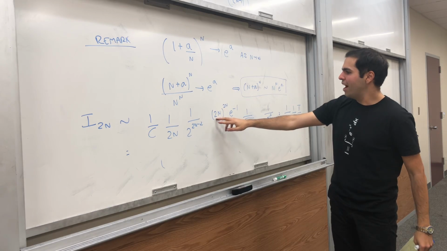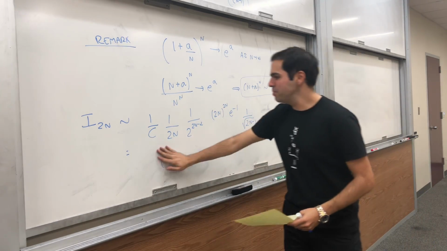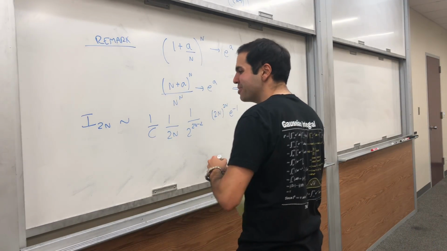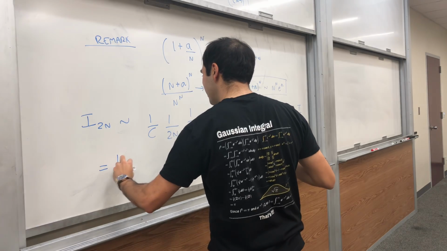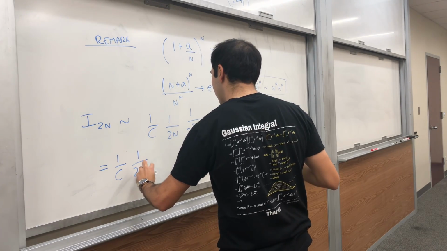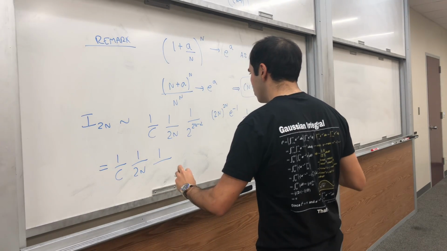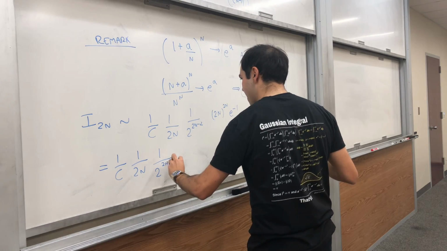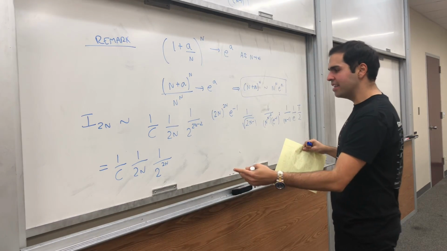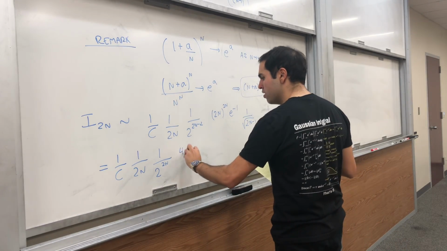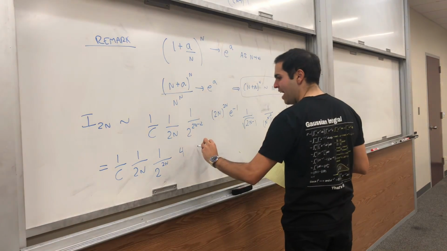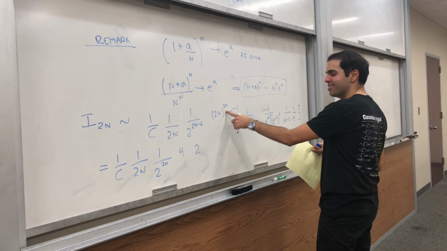So let's, if you like, write this out. So this becomes, okay, I promise you, almost done. 1 over c, 1 over 2n, 1 over 2 to the 2n. And then 2 to the minus 2, which is 1/4. So this becomes 4. And then, here's why it's so nice.